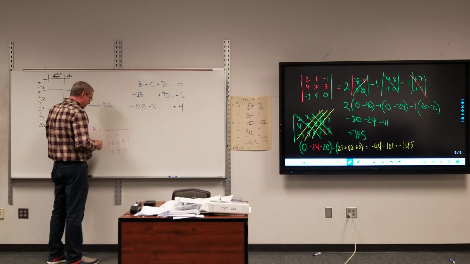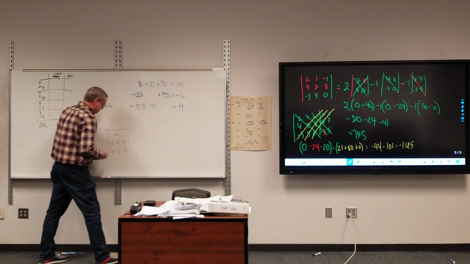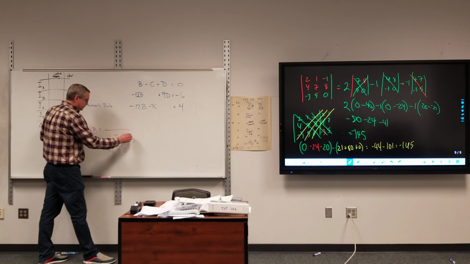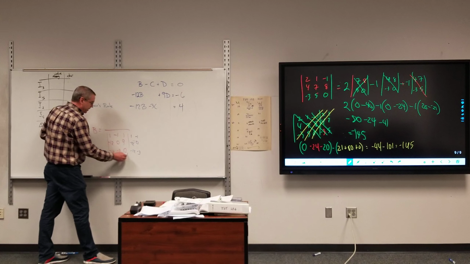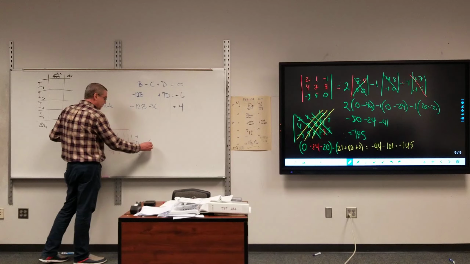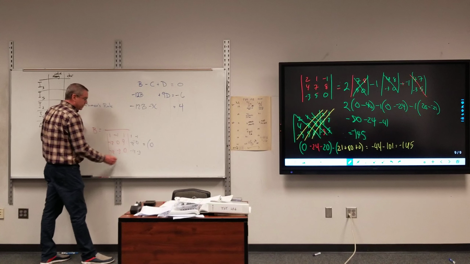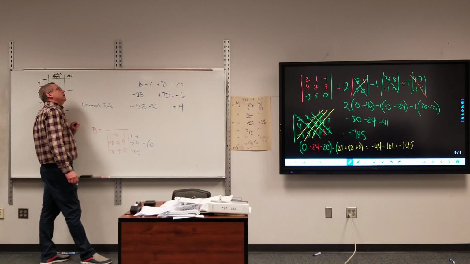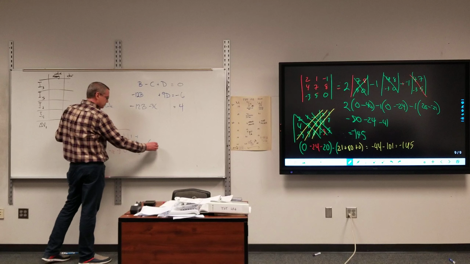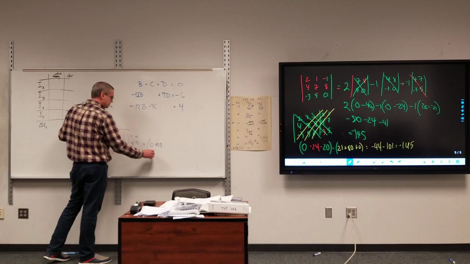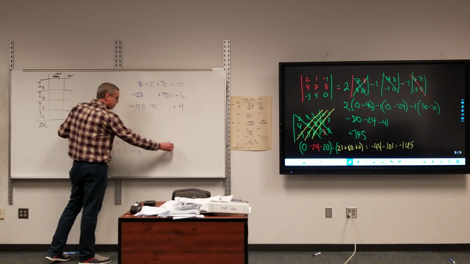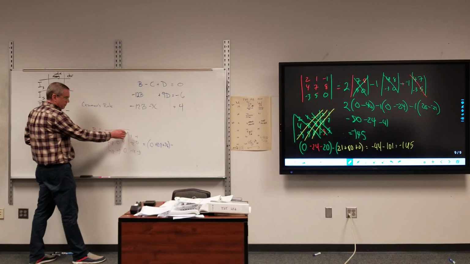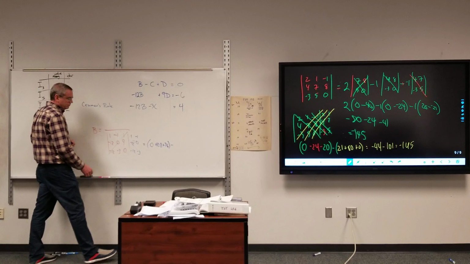And that is going to be, well, let's do the repeated method. 12, then negative 1, 0, negative 3. I multiply that diagonal, 0. That diagonal, 108. That diagonal, plus 36. Minus this diagonal, 0.